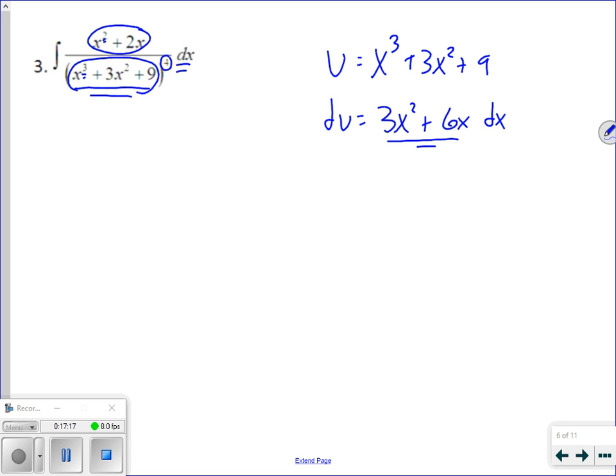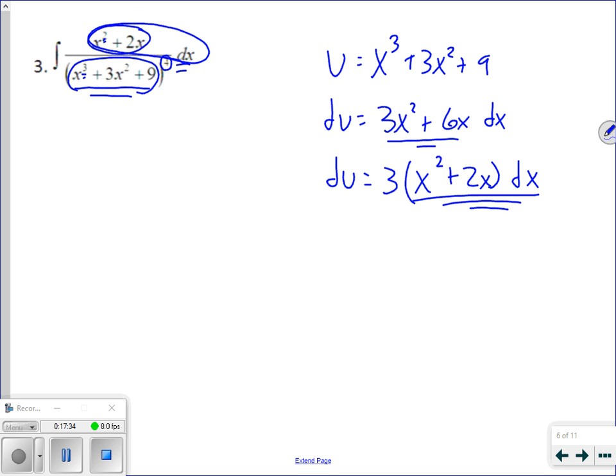Looks pretty dang close. It's off by a factor of 3. What if I take a 3 out? I'm left with x squared plus 2x. Do you see now this matches up with this? All right, so I'm going to bring the 1/3 over.